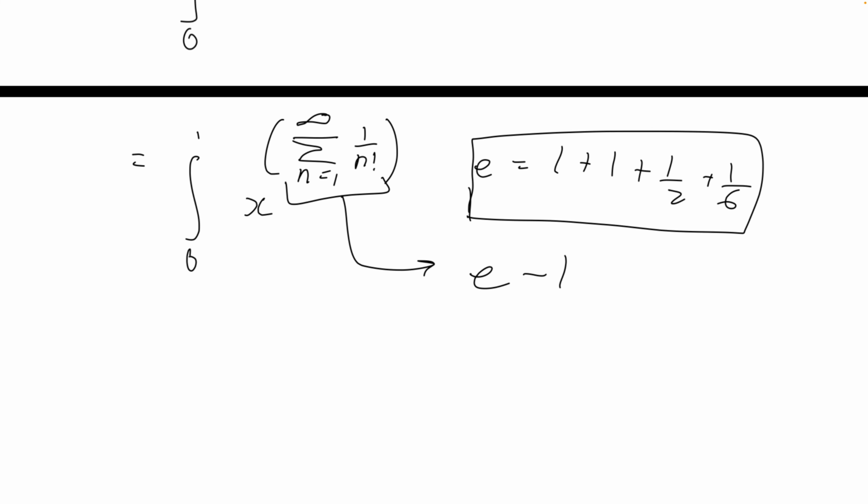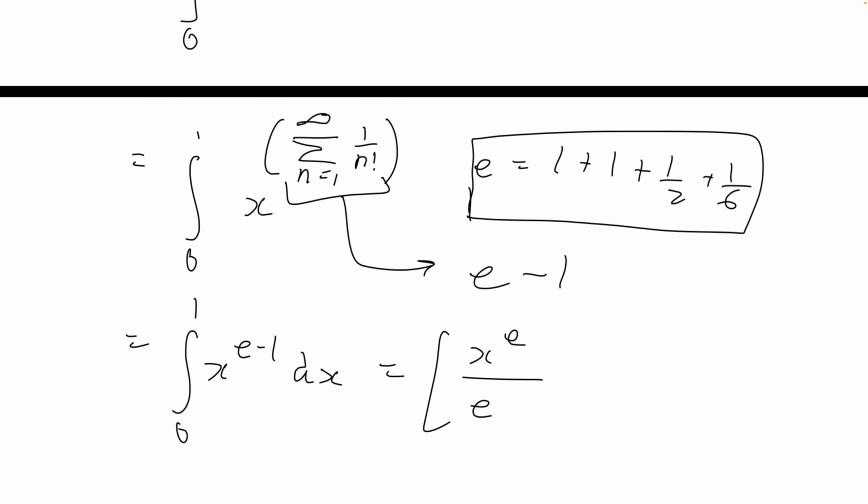So then our integral becomes x to the power of e minus 1 dx, which is equal to x to the power of e over e between 1 and 0, which is equal to 1 over e, which is our solution.